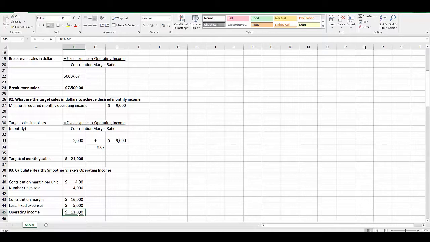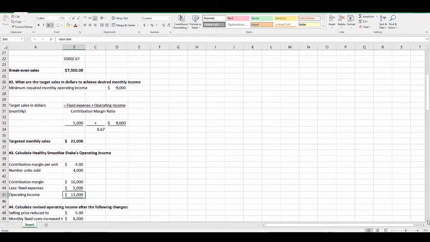The purpose of this shortcut method is to enable the organization to very quickly identify, if they make various changes, say in the selling price or in their variable cost, the impact it would have on their operating income without a whole bunch of calculations. So that ends part 3.